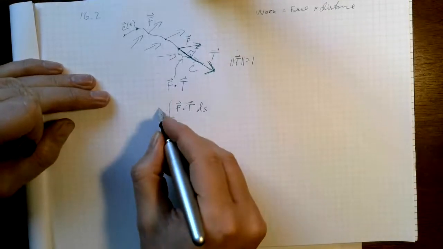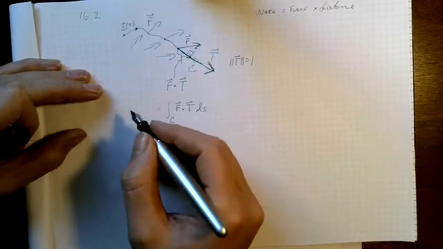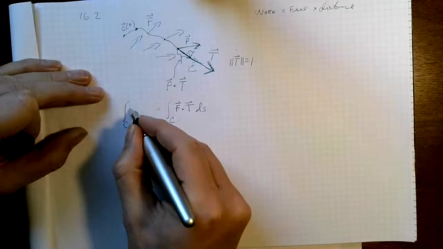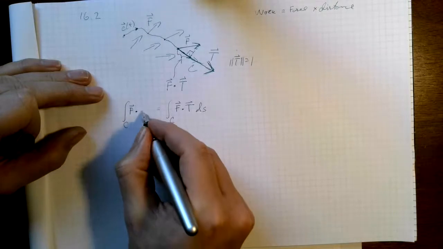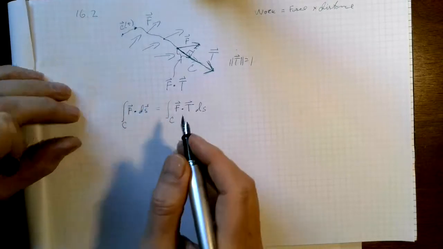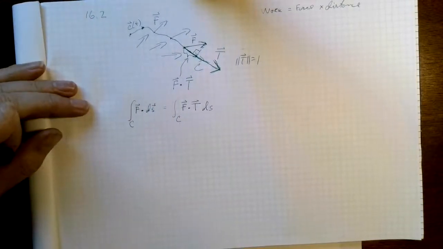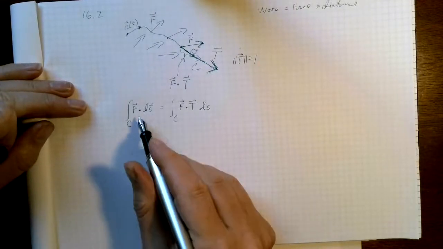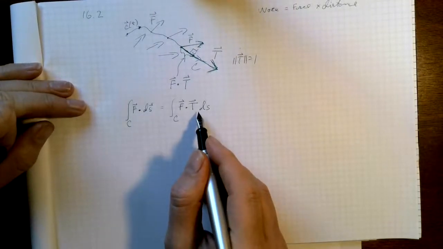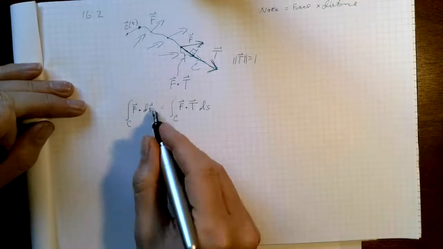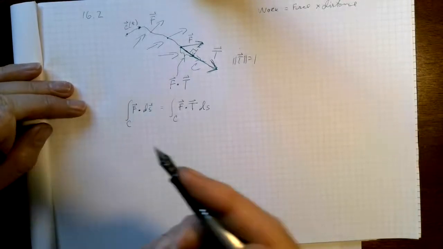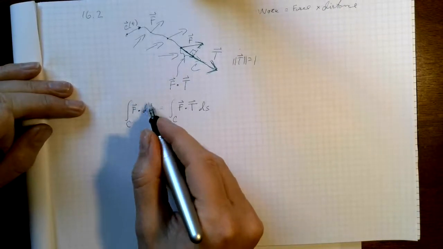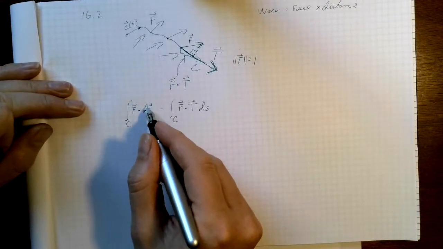Now, one way we write this, a shorthand that you'll see, is the integral of F dot d s. The T is not there in this notation, but that's just what it means. If you look up online or in books, and actually in our book, it doesn't have the arrow.